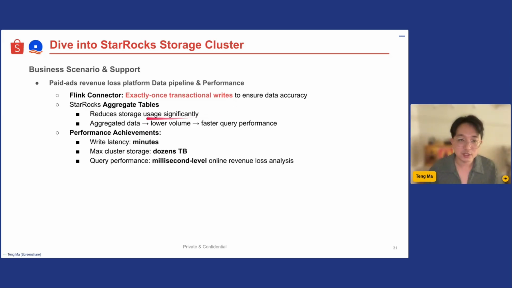It can reduce storage usage and also make query performance much faster. So nowadays the performance achievement: the write latency is at the minutes level, and the query latency is at the millisecond level. And among their seven dedicated clusters, the largest cluster nowadays is dozens of terabytes.